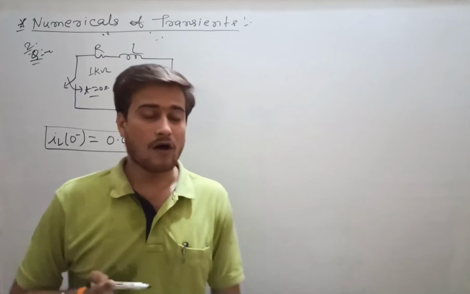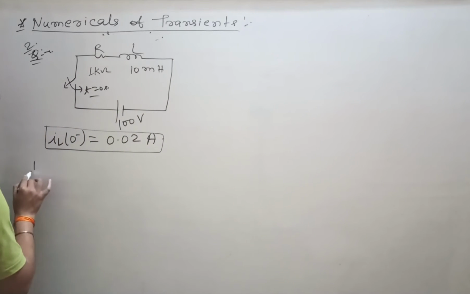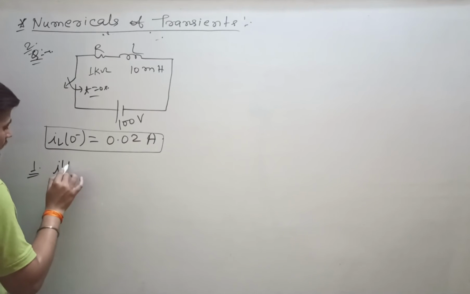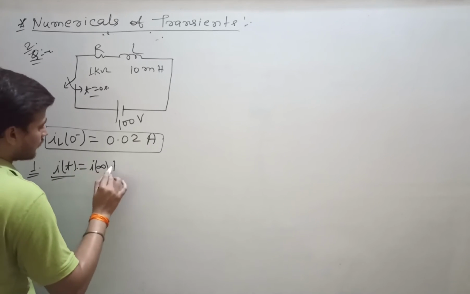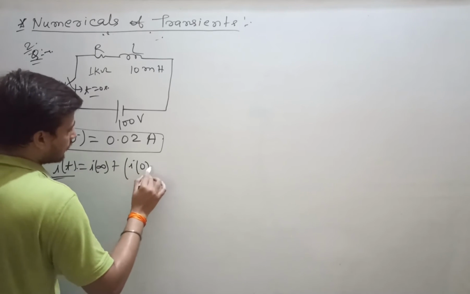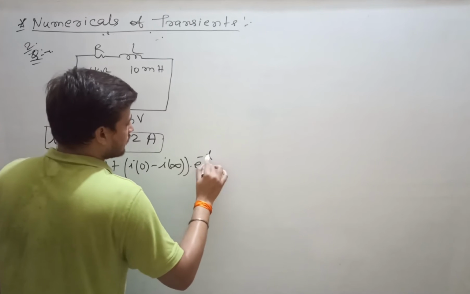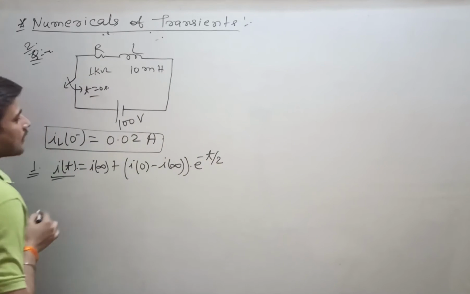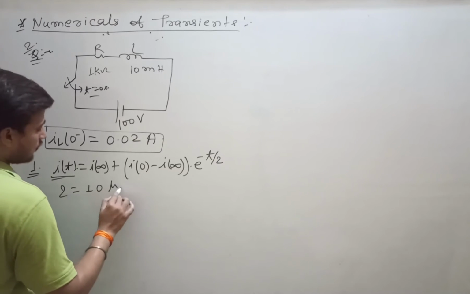So now this is the question of the circuit having some initial condition. So now how to solve this question? Again, first part is we have to write the expression for current IT. It will be equal to I infinity plus I0 minus I infinity into e to the power minus t by tau. So again, time constant tau is nothing but 10 microsecond.